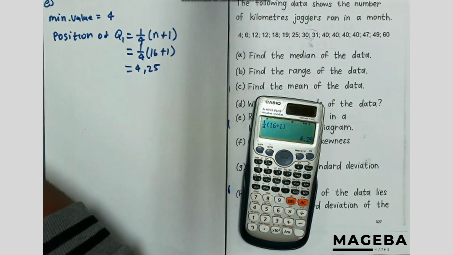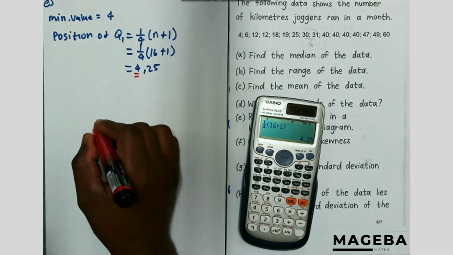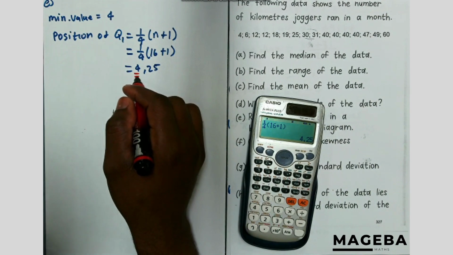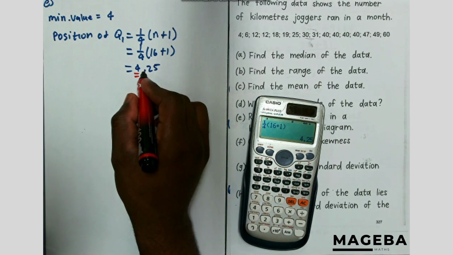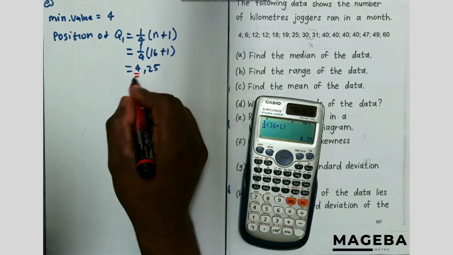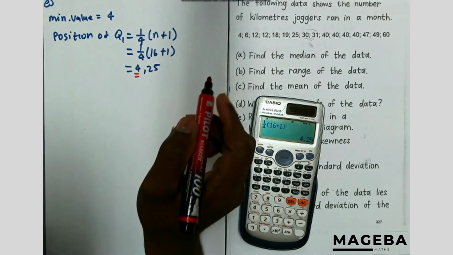So this 4 is position number 4 and the other one is position number 5, because we still have the decimal .25, so there are 2 numbers. It's position number 4 and number 5.